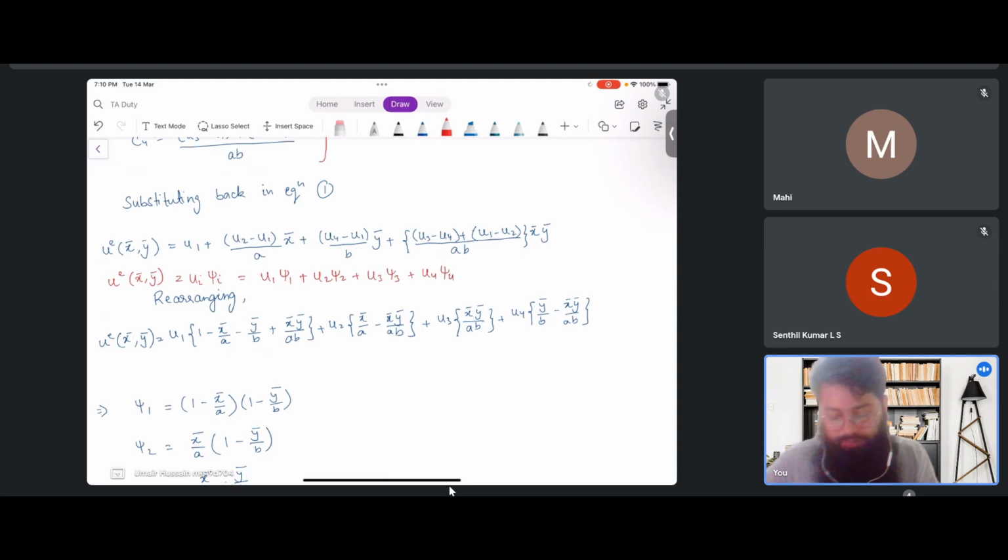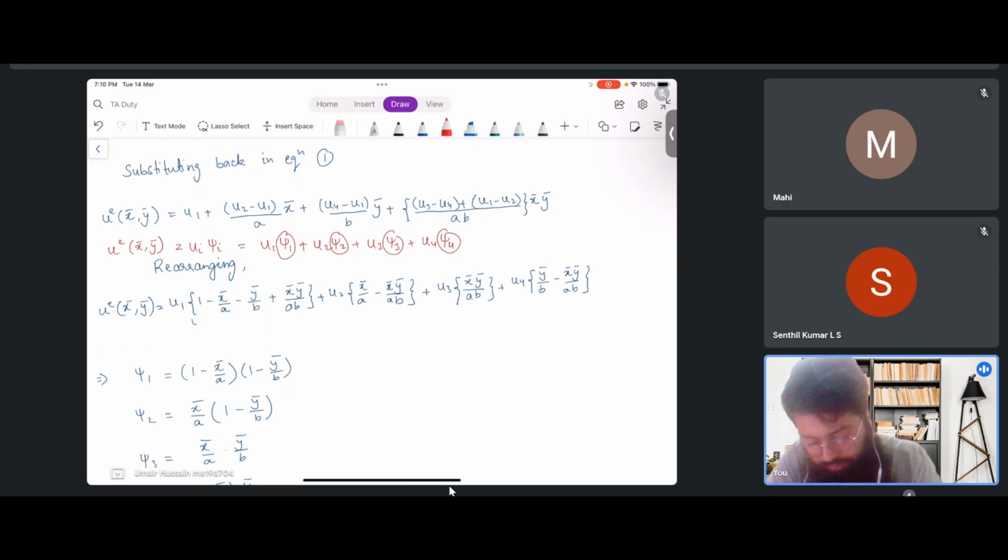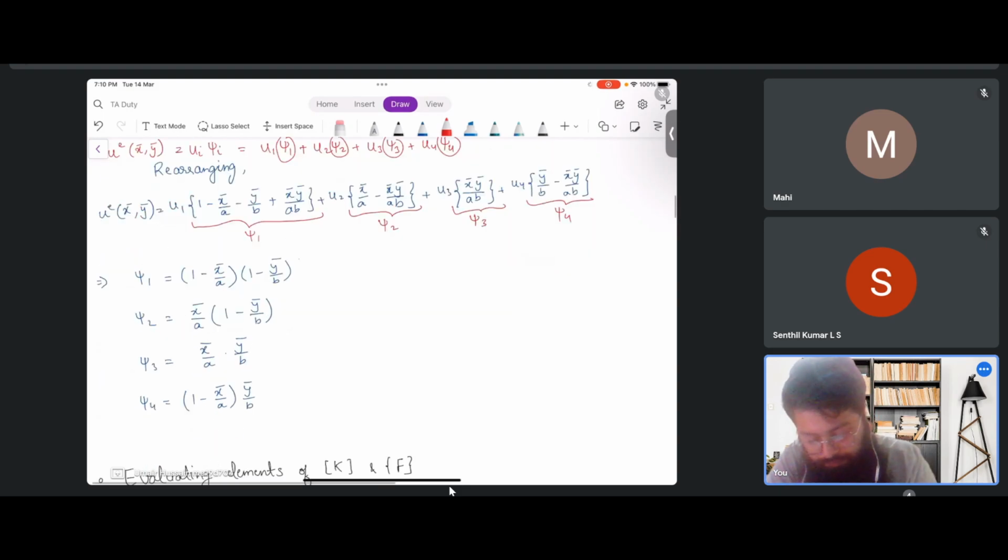We have only four nodes here. Since we want the values of these functions, we arrange the equation in this form. Doing so, we get this, right? The coefficient of u1 would be psi1, coefficient of u2 would be psi2, coefficient of u3 would be psi3, and coefficient of u4 would be psi4. Thus we get the approximation functions for the four noded rectangular element.